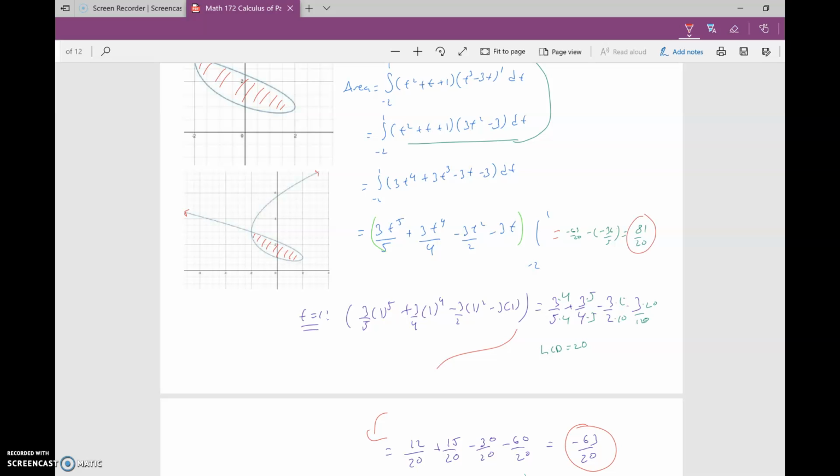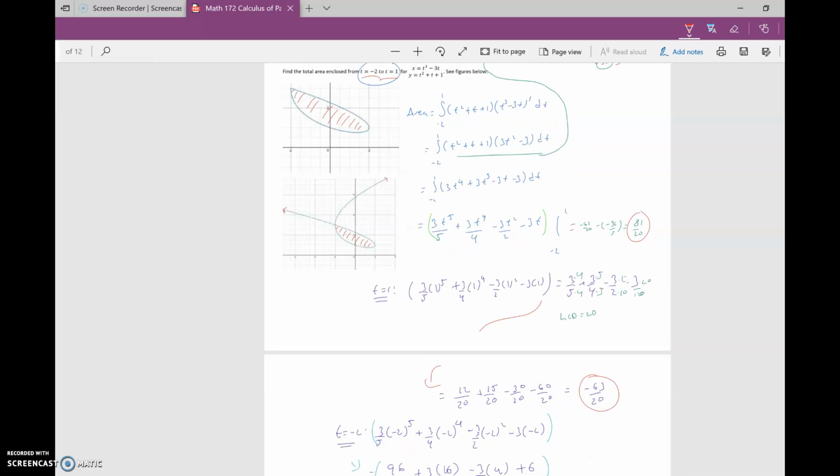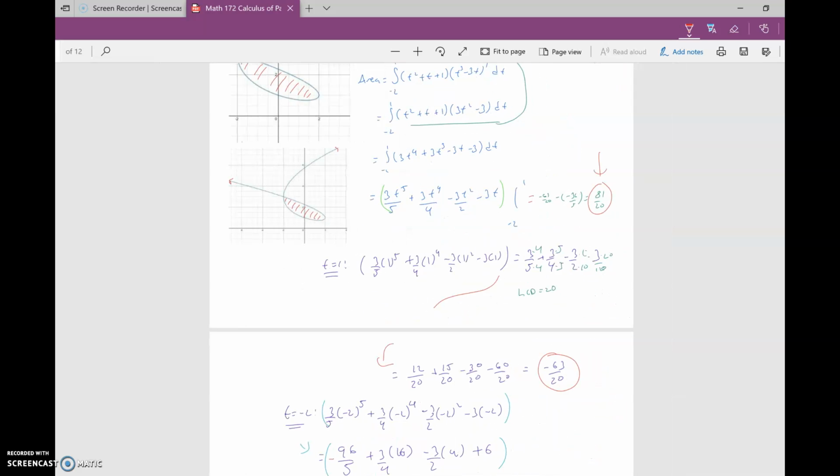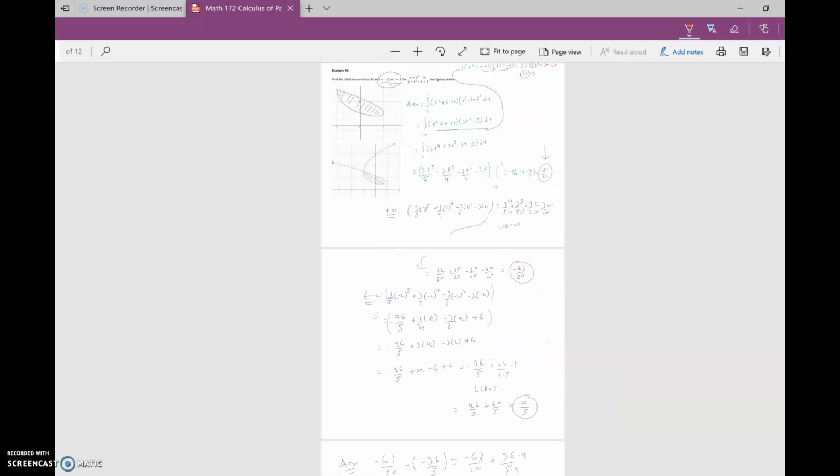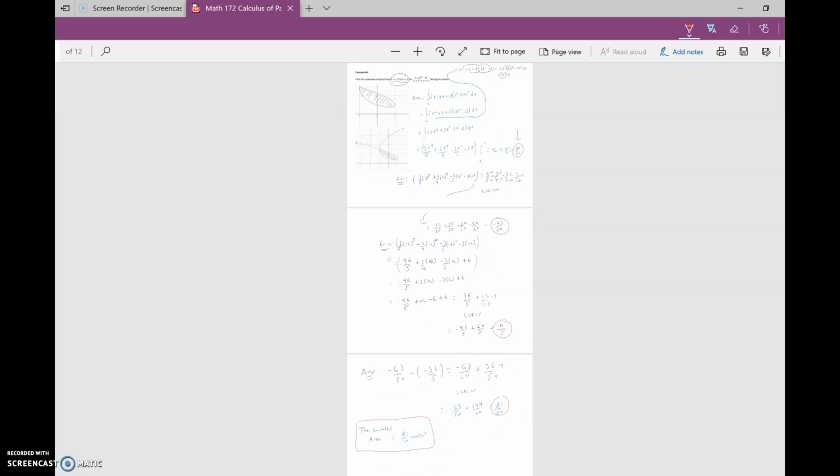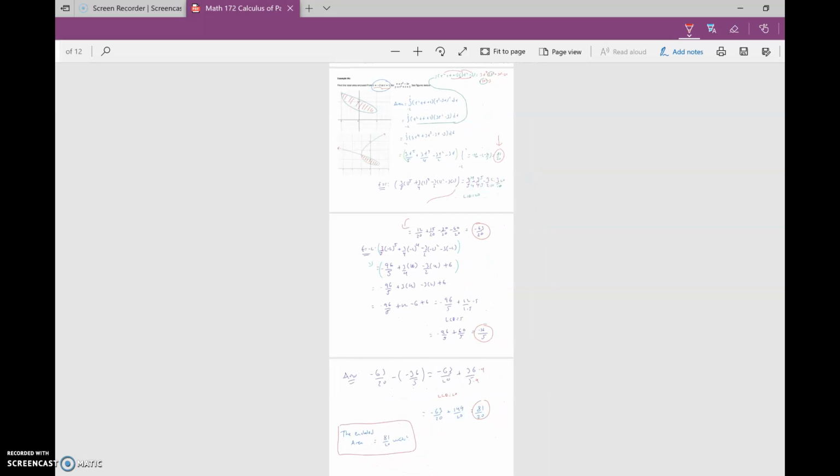I just wanted to put it here because technically we went to the side. So here's the final answer. It was kind of messy as we were plugging in, just the fractions, and also I messed up that negative that threw everything off. That would be it for this one.